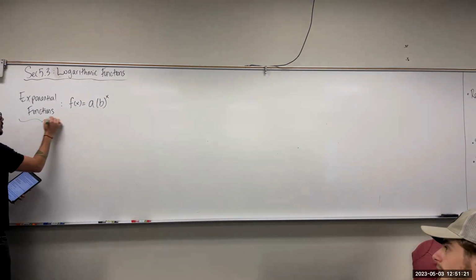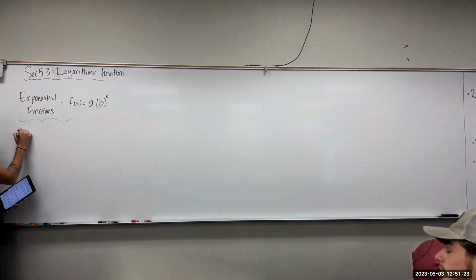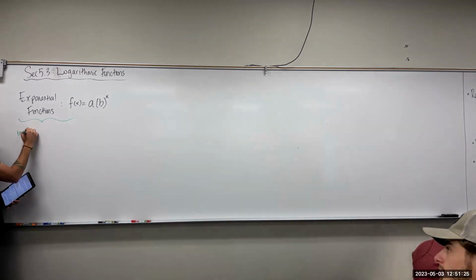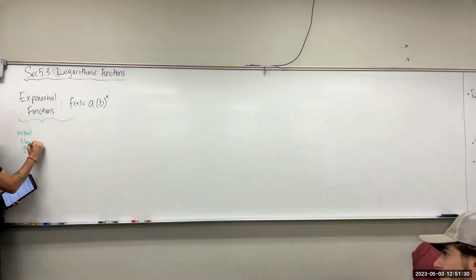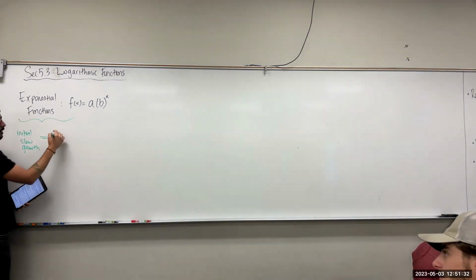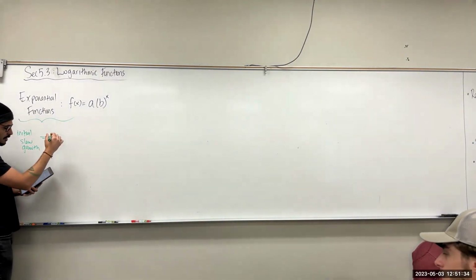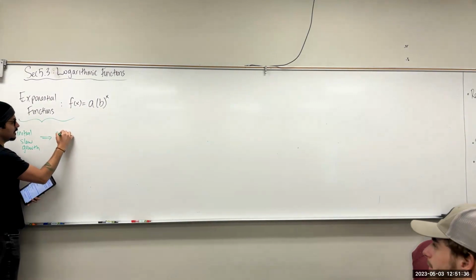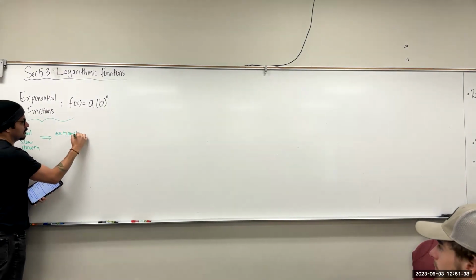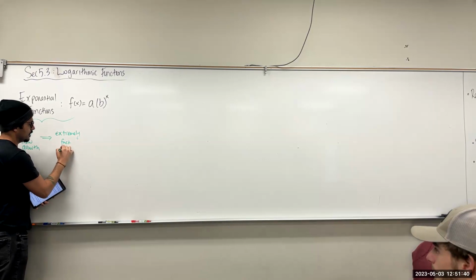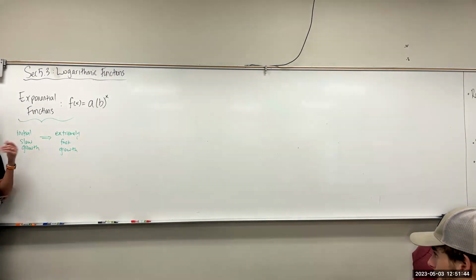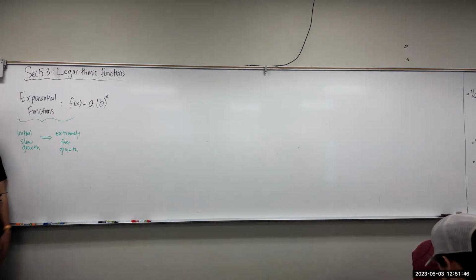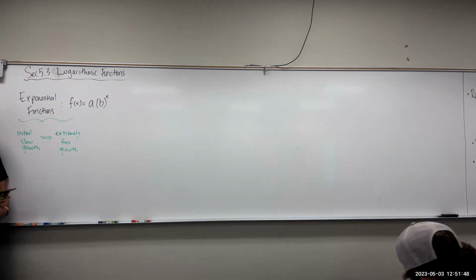And so anything in the real world that has initial slow growth, and then extremely fast growth afterwards, usually there's some kind of exponential modeling or function being used there, right?